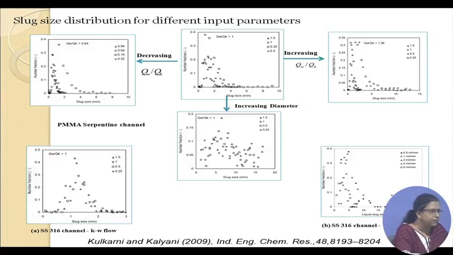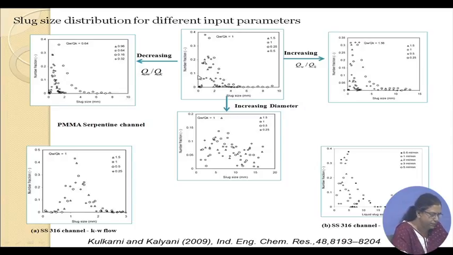parameters, the distribution of the slug parameters, were then plotted, and the different slug characteristics were then observed in this particular case. So, very briefly I will try to just show the situation. Suppose we take the situation for equal flow ratio of the two.